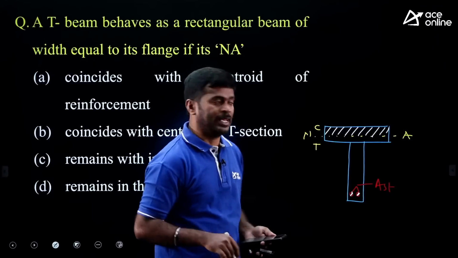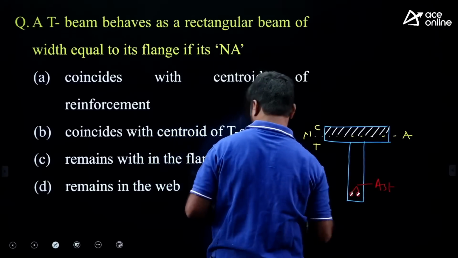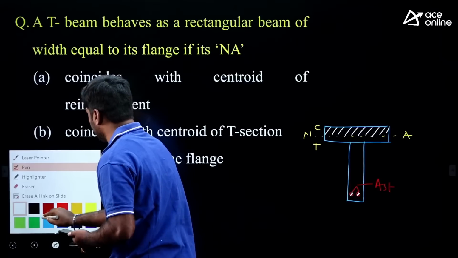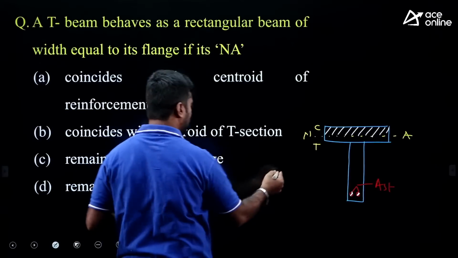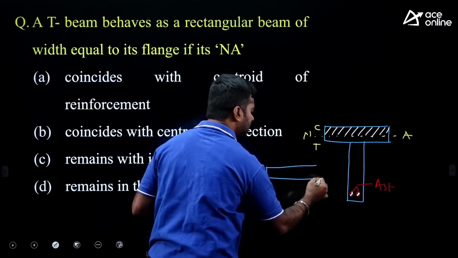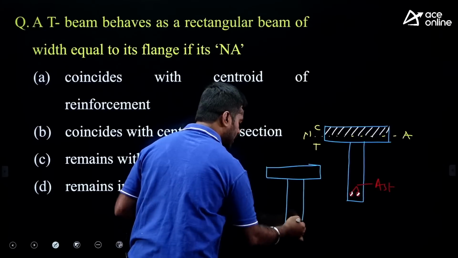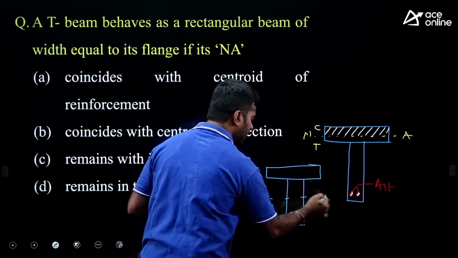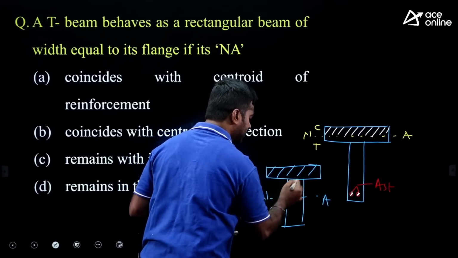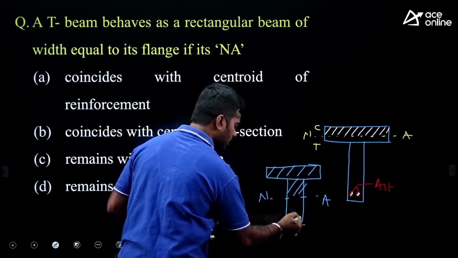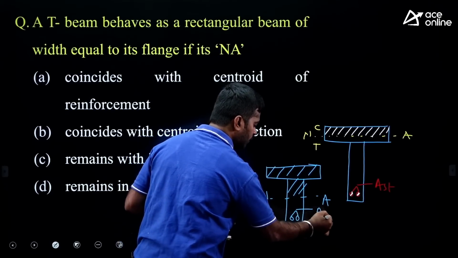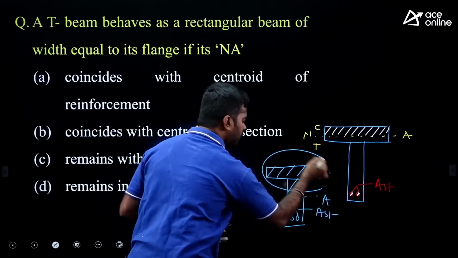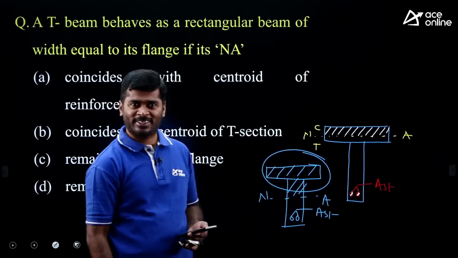Suppose if neutral axis lies within the web, then we can treat it like a flange section only. Suppose this is another T-beam I am going to consider. This time I am going to take neutral axis in the web. My dear, if you see here, this is a steel reinforcement. Now this shape is like a flange section, right?